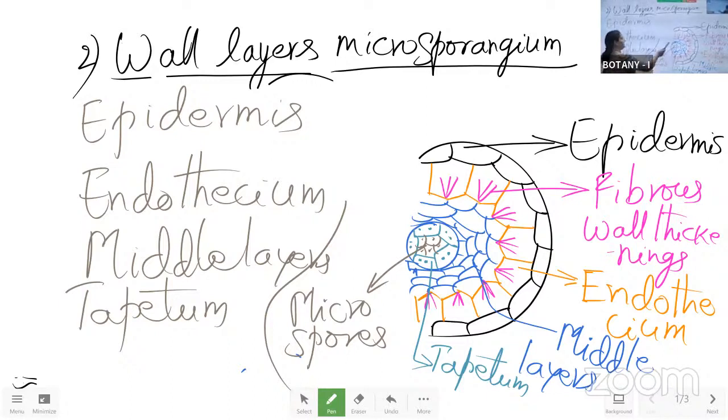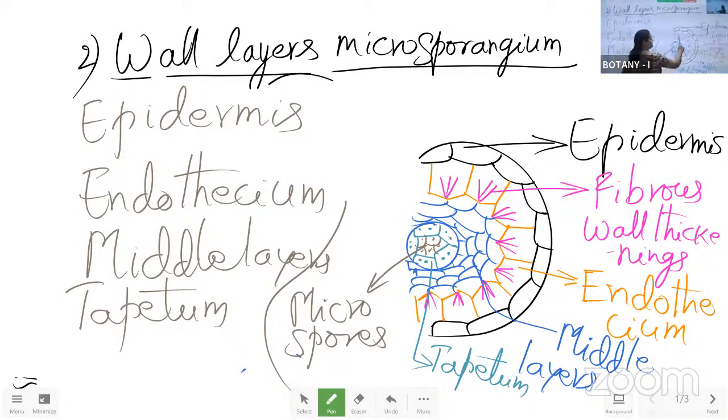Now comes the second wall layer, that is the endothecium. What we have to write: endothecium is the second wall layer, which is made up of a single layer. The endothecial cells are simple parenchymatous hexagonal shaped cells placed without intercellular spaces.